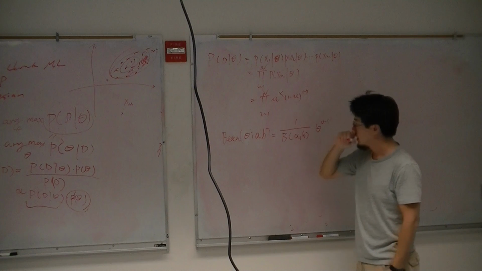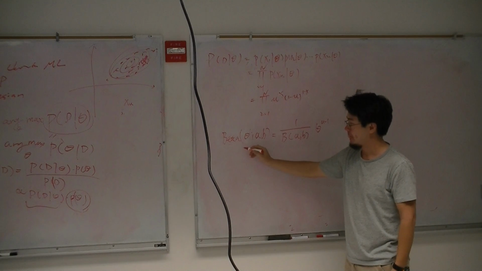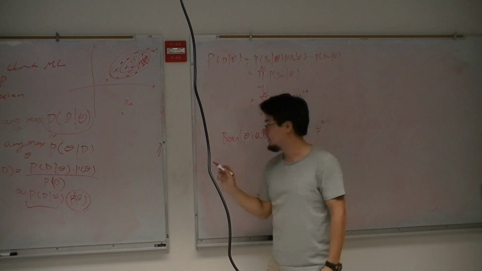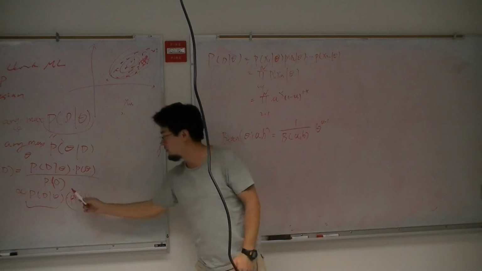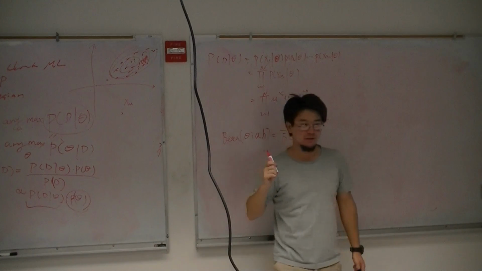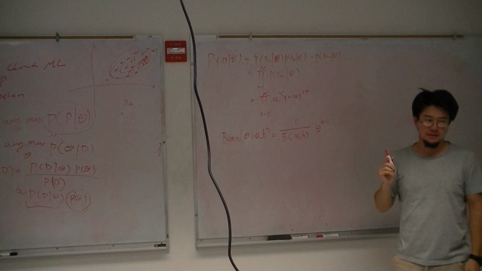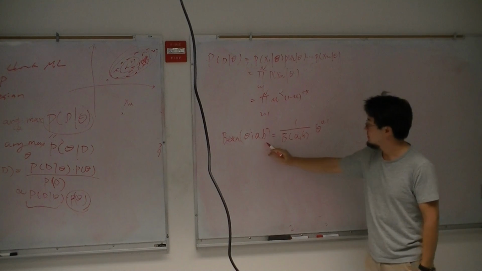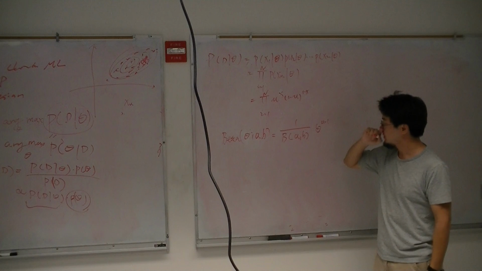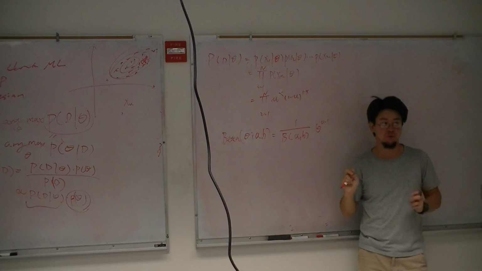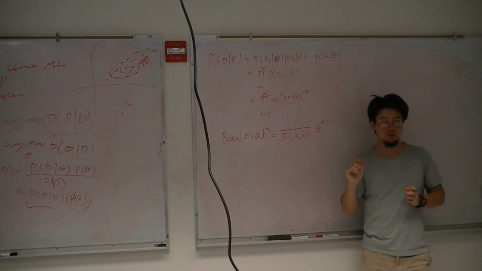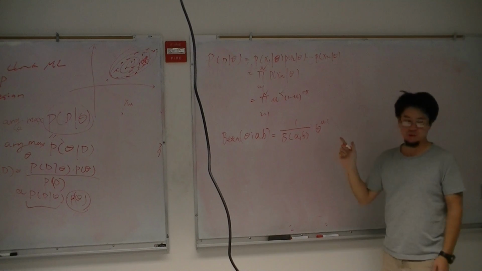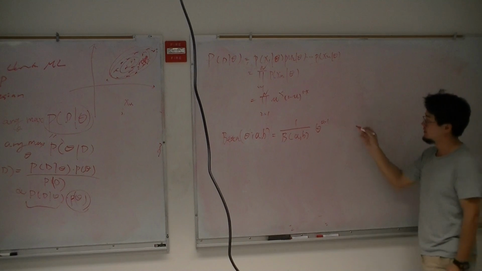The beta distribution is a conjugate prior of the Bernoulli distribution. The conjugate prior basically means it's a distribution over distributions. I'm going to explain this later.